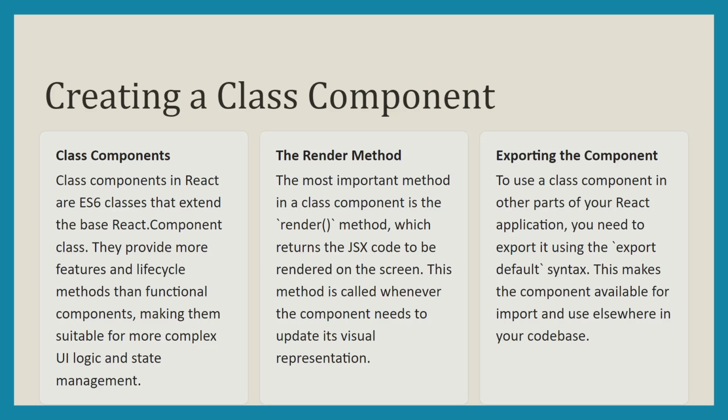This method is called whenever the component needs to update its visual representation. Finally, you have to export the component. To use a class component in other parts of your React application, you need to export it using the export default syntax. This makes the component available for import and use elsewhere in your code base.